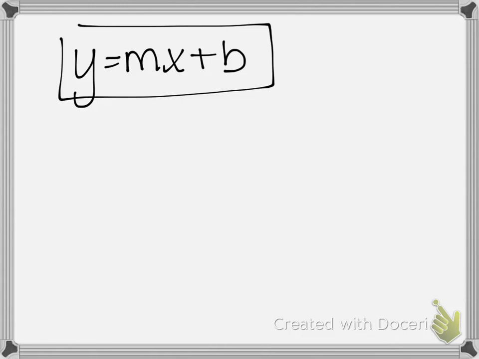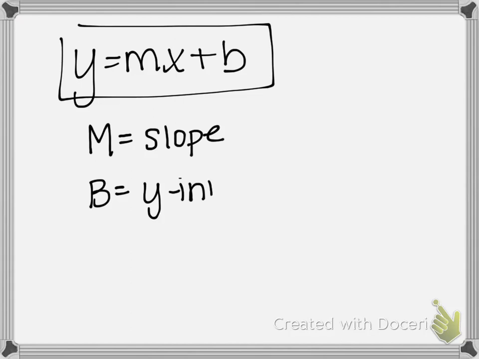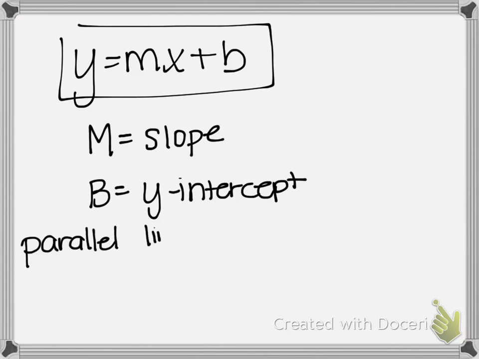You need to know that for slope-intercept form, the most important things are slope, which is m, and y-intercept, which is b. You have to be able to pick these out. Okay, and then parallel lines have the same slope, which means they just have the exact same number in front of x.